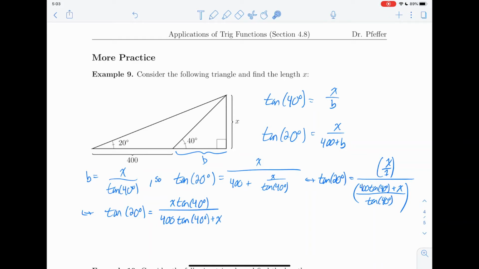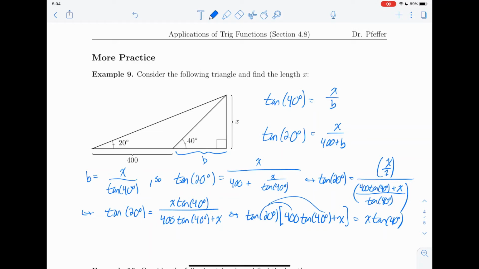Now I'm going to multiply this denominator over to the left-hand side, and then I'm going to have to distribute this tangent 20 to each of those terms. So to write that, I'm going to get tangent of 20 degrees times 400 tangent of 40 degrees plus x is equal to x times the tangent of 40 degrees.